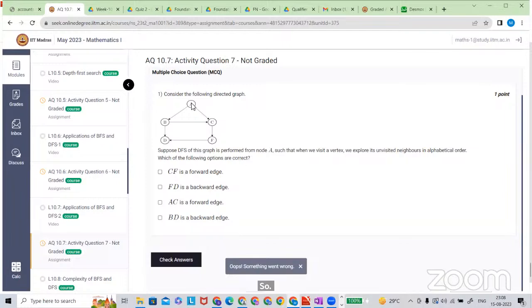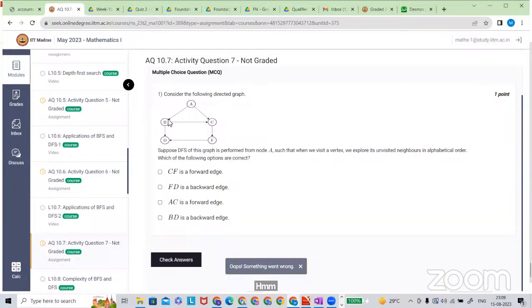Alphabetical means in order, like A, then B, then C, and then D. So you cannot go, suppose you are at C, then you cannot go to B. Whatever the order you have, in that order we have to explore the unvisited neighbors. Sir, if we are going for DFS starting from A, first we'll go to B.